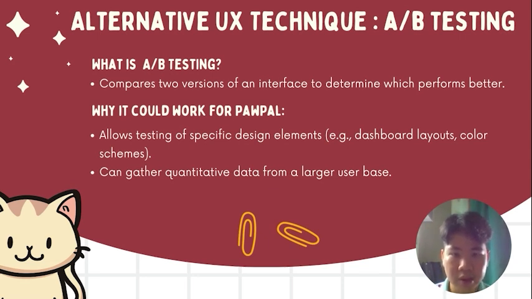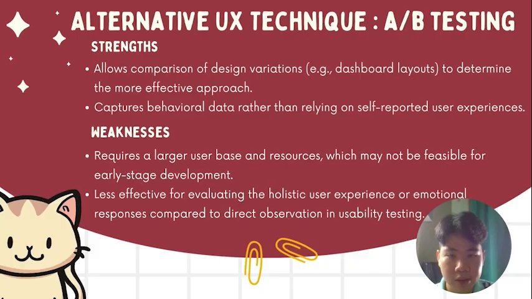Because this technique allows testing of specific design elements like dashboard layout and color, and can also gather quantitative data from a larger user base. So what is the strength of A/B testing? This technique allows comparison of design variations like dashboard layout to determine the more effective approach, and also captures behavioral data rather than relying on self-reported user experience.